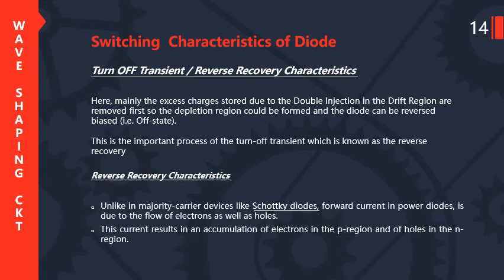For reverse recovery characteristics, number 1: unlike a majority carrier device like a Schottky diode, forward current in a power diode is due to the flow of electrons as well as holes. This current results in accumulation of electrons in the p region and holes in the n region.